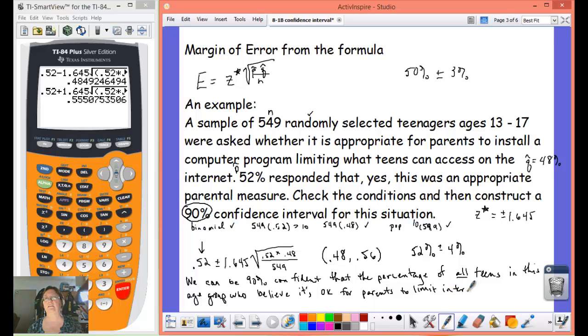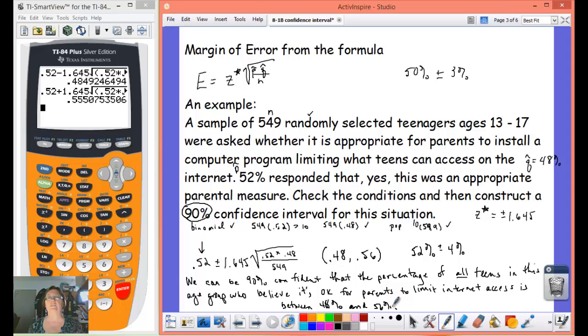See, we have to get that context in there. Internet access is between 48 and 55, or 56, sorry, and 56%.